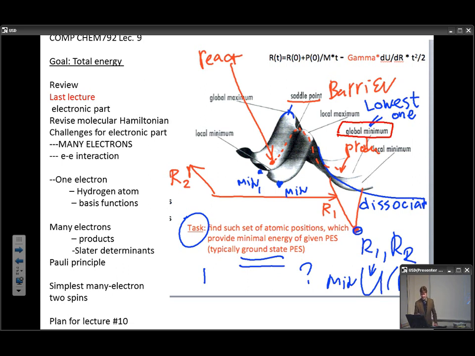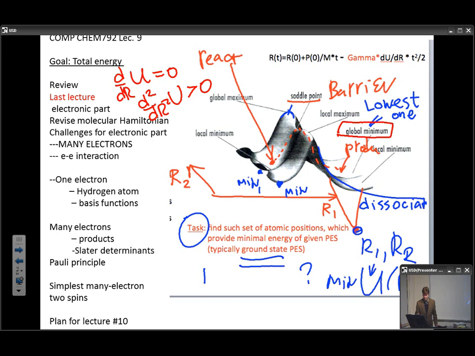By the way, if one tries to find it mathematically, which is not appropriate here, one can require the first derivative to equal 0 and the second derivative of the potential energy surface to be larger than 0.